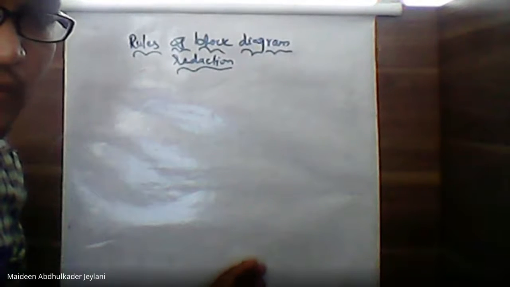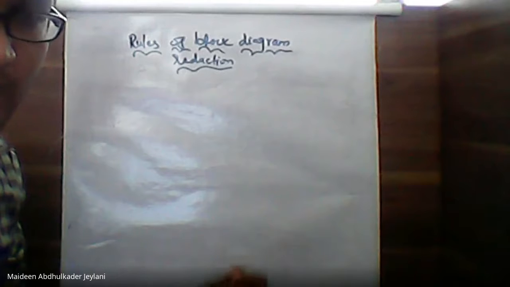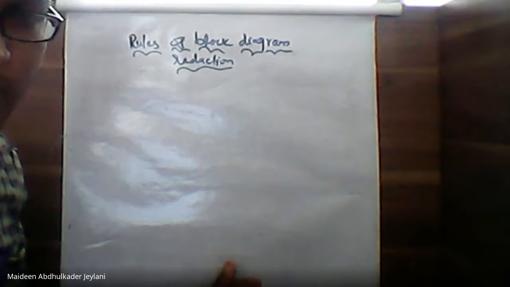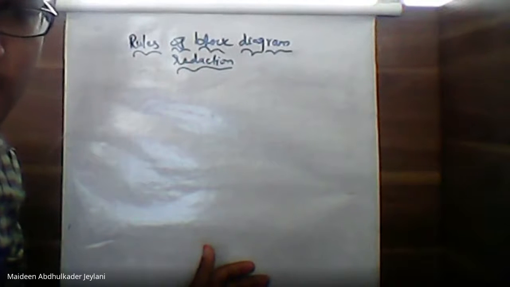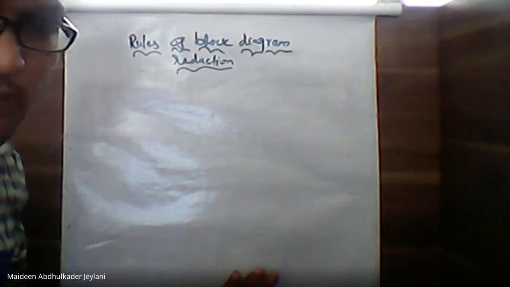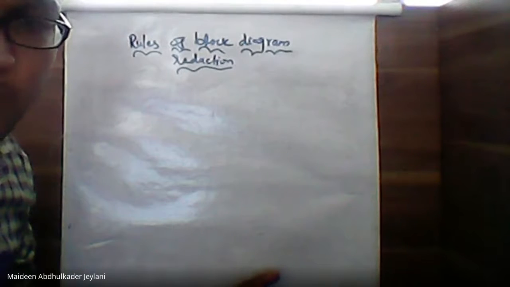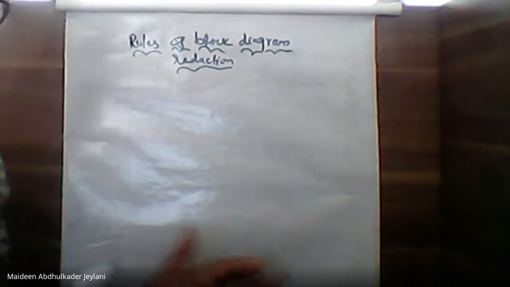From that signal flow graph you have to find the system gain by using some formula. If we directly get into that topic, you wouldn't understand what we mean by block diagram reduction techniques. Once you understand the block diagram reduction techniques, it is easy to solve the problem in signal flow graph. Please do listen carefully and note down all the rules available in the block diagram reduction techniques.